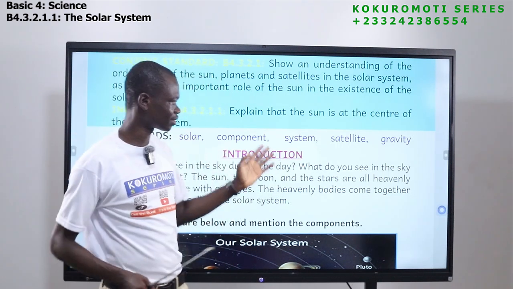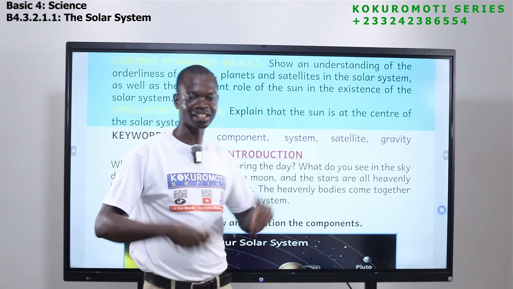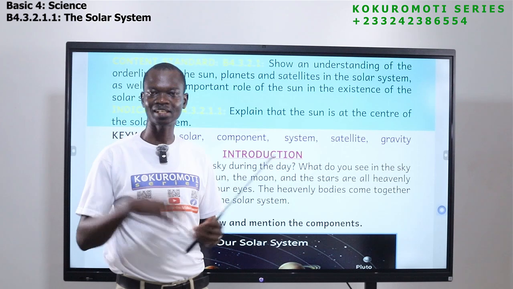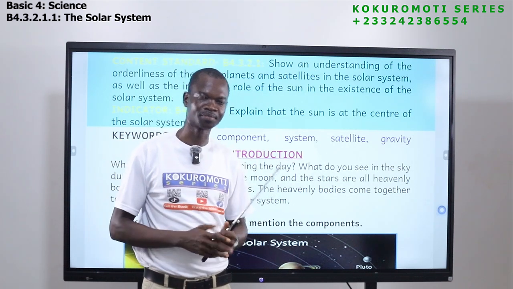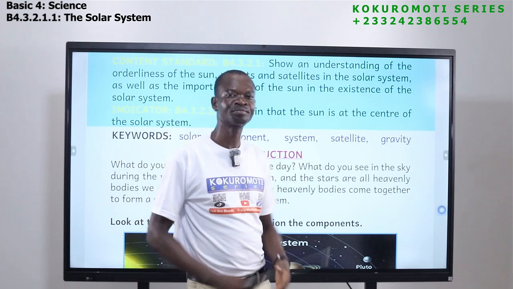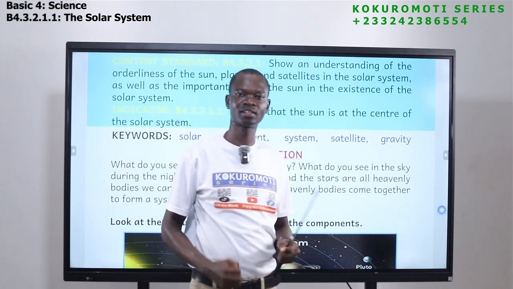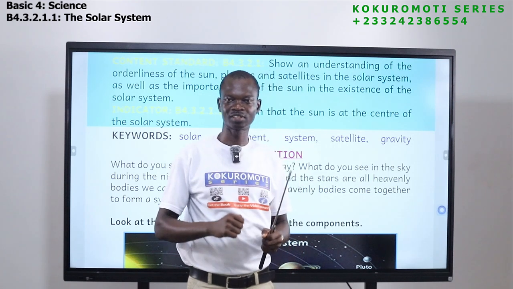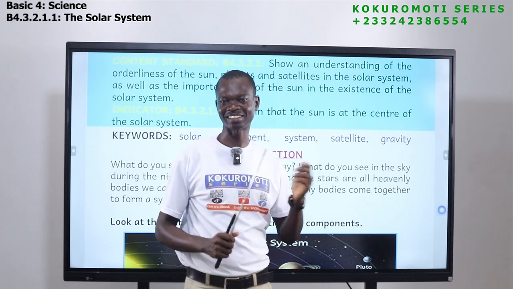That is what we mean by system. Satellites. We have natural satellites and artificial satellites. But a satellite is a smaller body that moves around a bigger body in space. Gravity is the force that pulls things onto the ground. That is what you should understand for now, and you get a deeper understanding later. Let's move on.